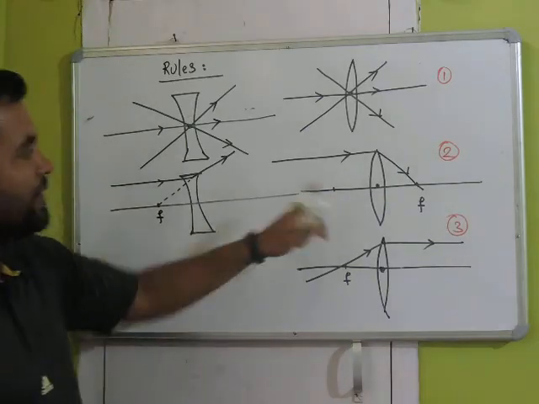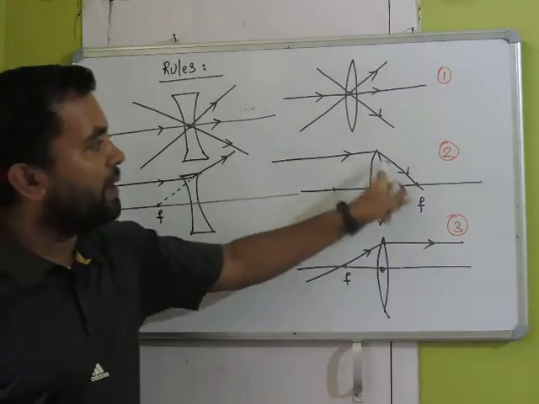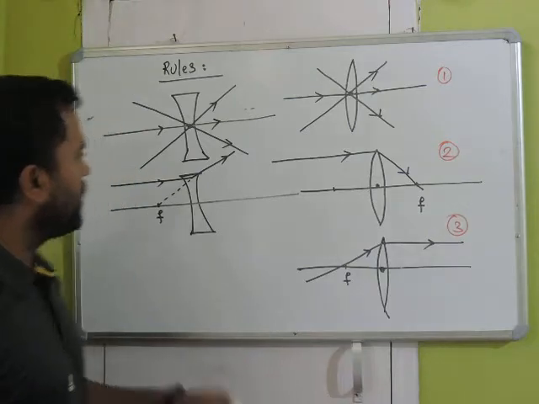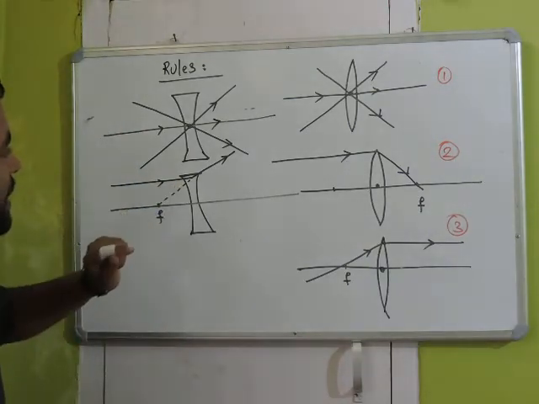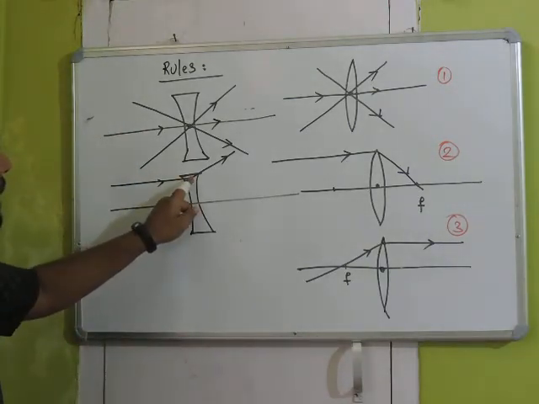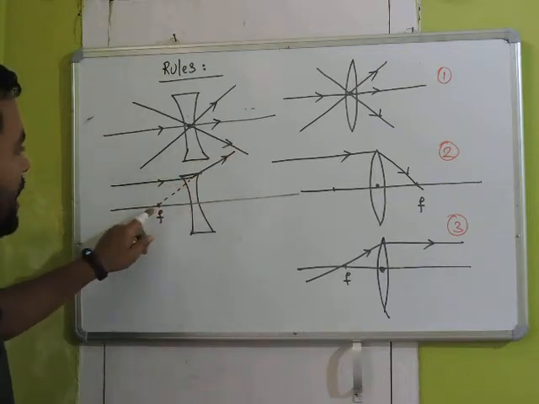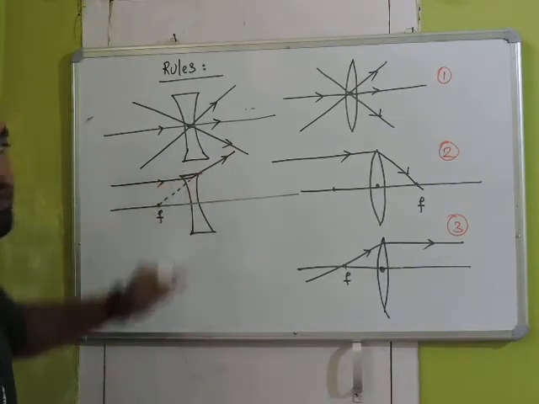So slightly change here. If the ray is parallel to the principal axis, then we know that it will diverge, so it will appear to come from the focus.